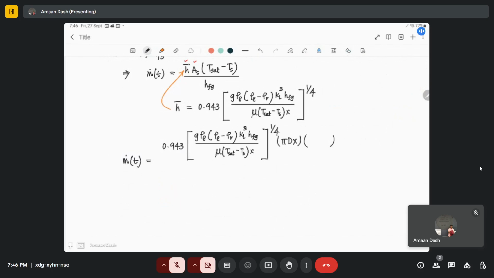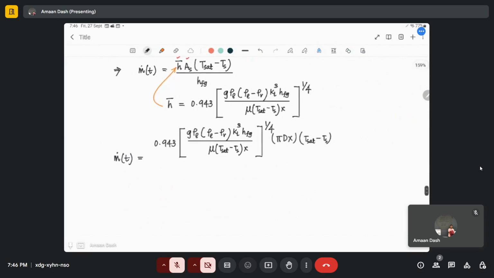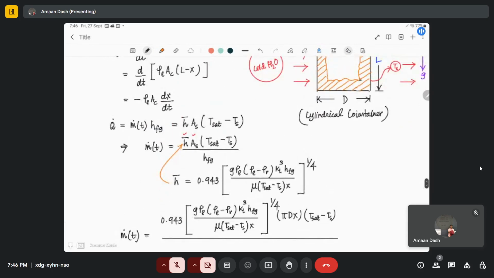This is T_sat minus T_s. Okay. And this entire thing divided by h_fg.